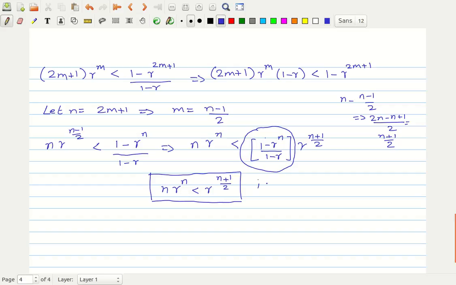If n tends towards infinity, I know that r to the power (n plus 1) by 2 will tend towards 0, and because n r to the power n is even less than this, n r to the power n will also tend towards 0 as n tends towards infinity. And we are done.